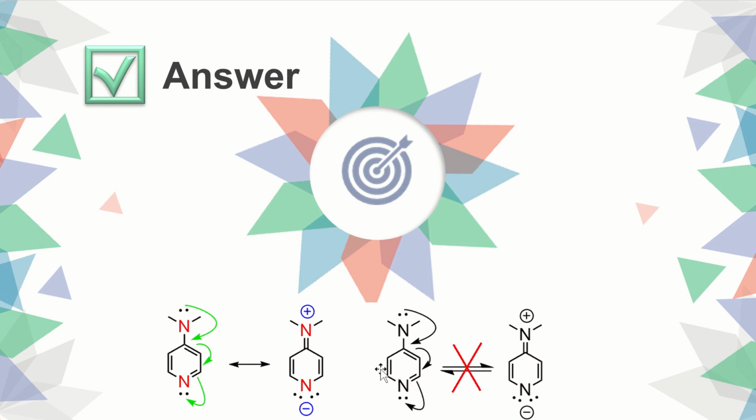The only thing that's wrong with it is that we have the wrong arrow. It is not an equilibrium, but these are actually resonance structures. So the arrow is the only thing that is wrong.